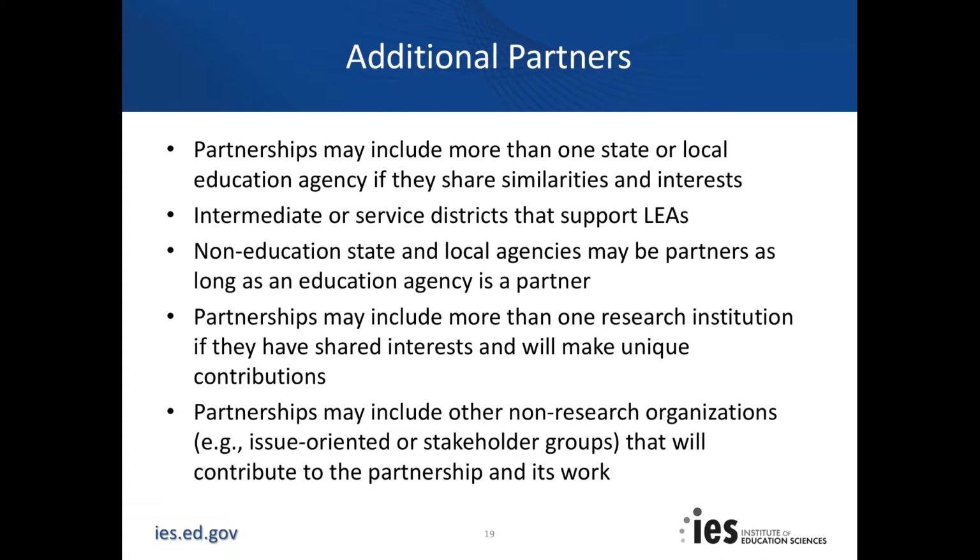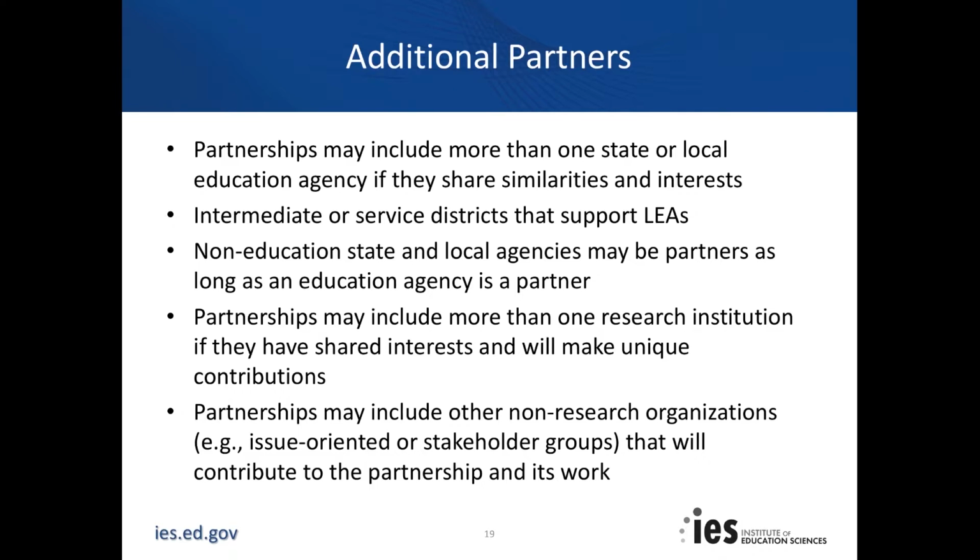For example, a project combines the Connecticut Department of Education and the Connecticut Department of Justice and a university center on children, and they're examining education of court-involved youth. You can also include more than one research institution. Again, the point is to argue that they have shared interests and will make a unique contribution to the work.